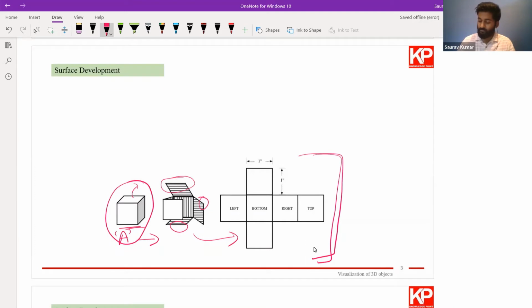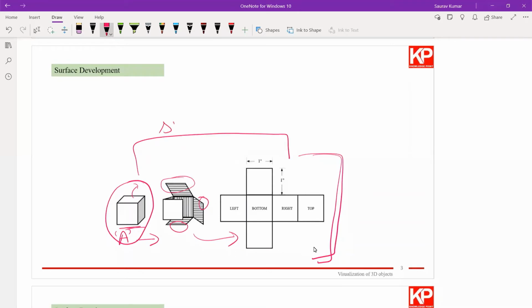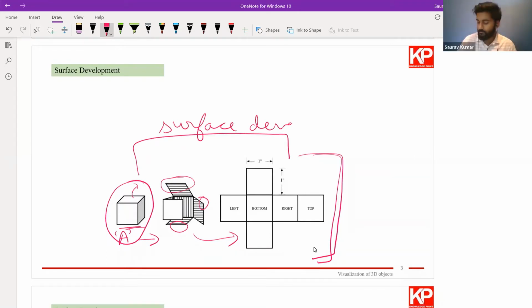All these surfaces, they are having those kind of additional shapes. Surface development. Such kind of things you will see in the exam.